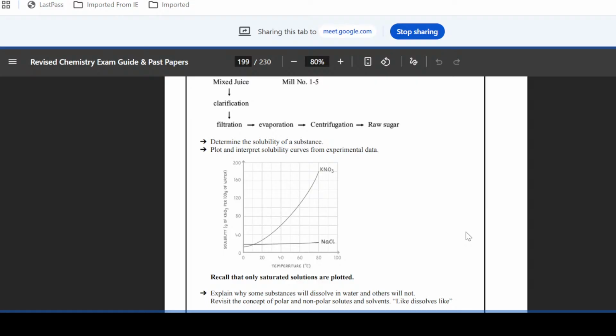So like in the diagram here, potassium nitrate sees a much greater change when you increase the temperature than sodium chloride. Sodium chloride looks like a straight line, but it's very small, so it's like it's stuck at the 20 grams of sodium chloride in 100 grams of water.